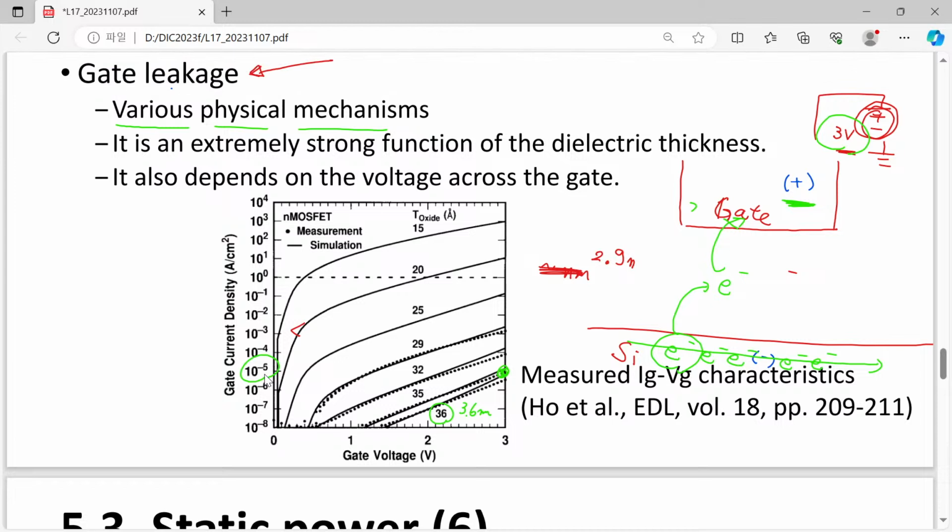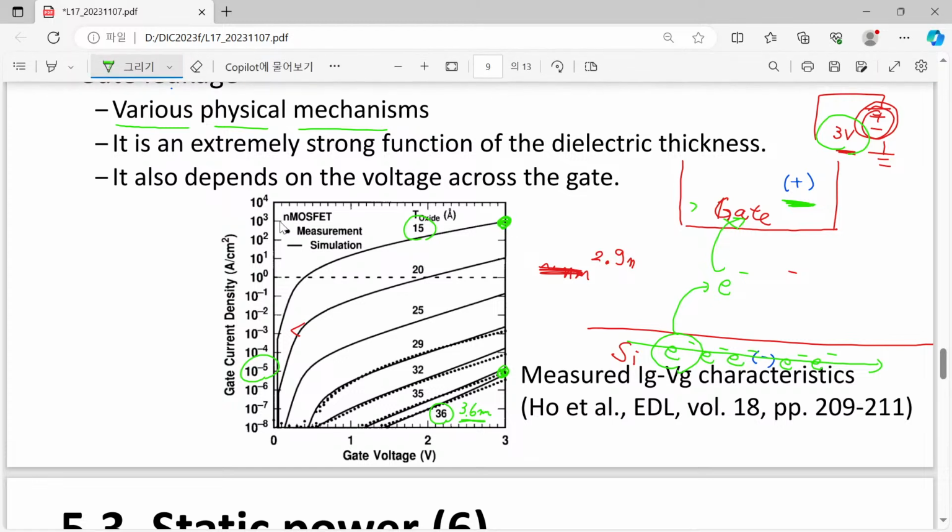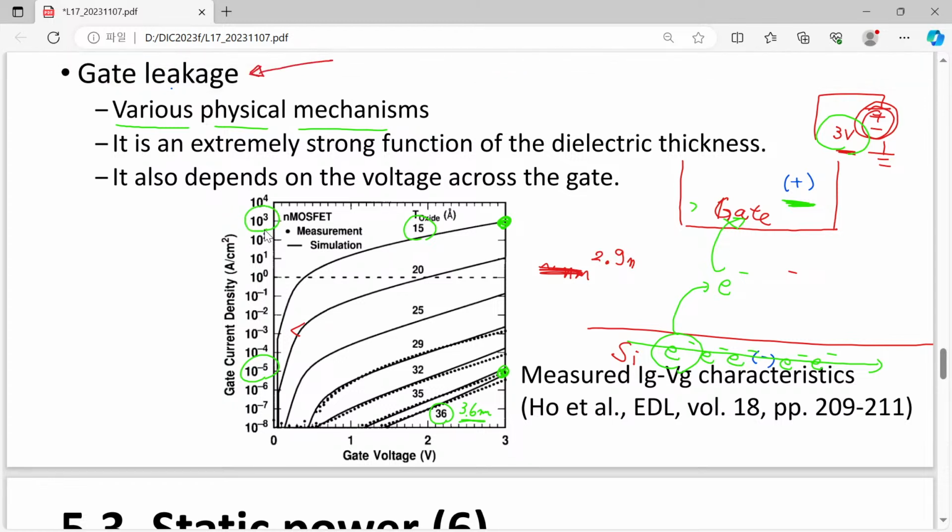However, when you decrease this 3.6 nanometer thick oxide into a 1.5 nanometer thick oxide, which is easy to make, then the expected leakage current is on the order of 10 to the 3.